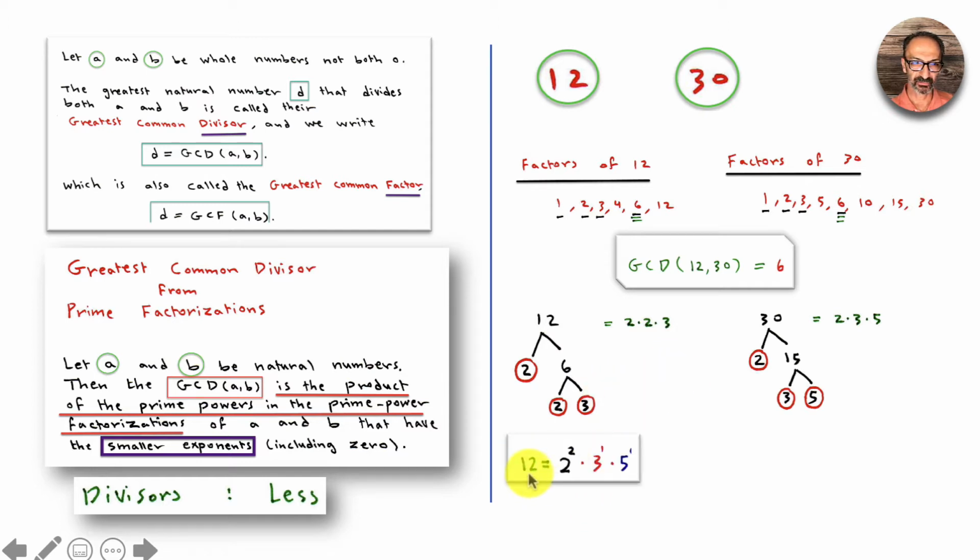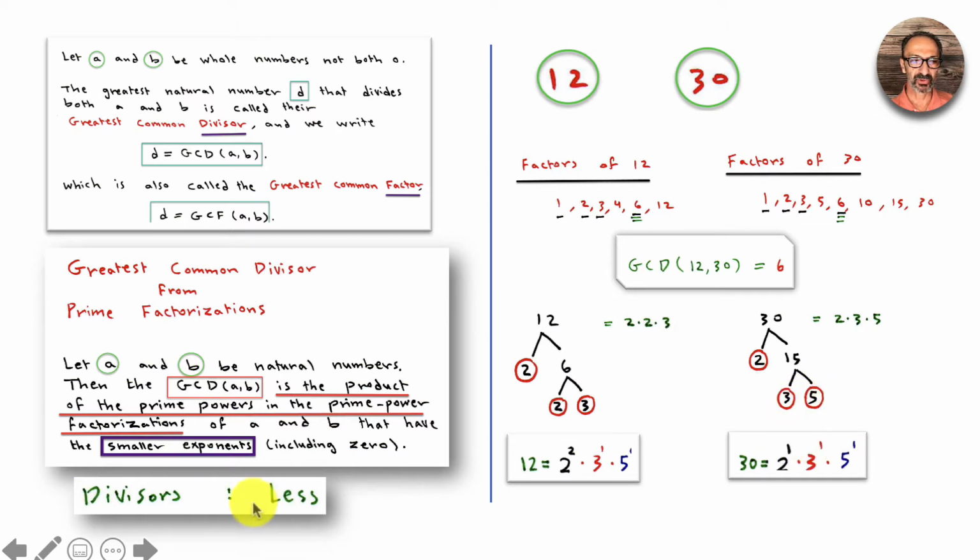So for the 12, we have 2 to the second, 3 to the first, and 5 to the 0, because there are no 5s here. For the 30, it's 2 to the first, 3 to the first, and 5 to the first.